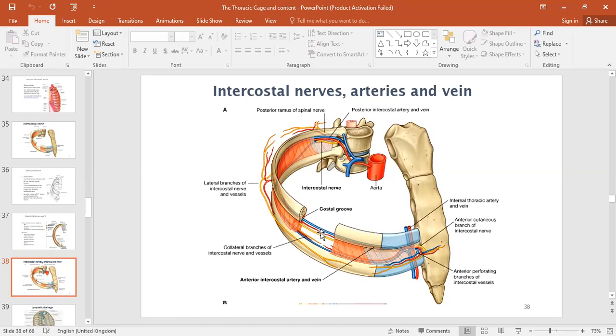So these three structures are collectively known as the neurovascular bundle: intercostal vein, intercostal artery, and intercostal nerve. So every time you are performing procedures to do with the chest, for example, thoracocentesis, pericardiocentesis, when inserting the needle through the intercostal space, avoid inserting the needle just below the rib.